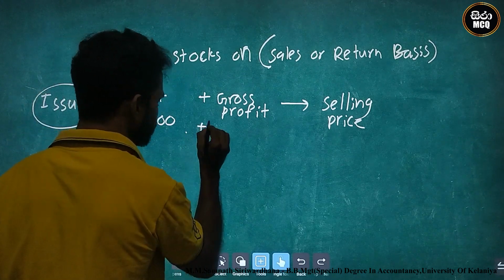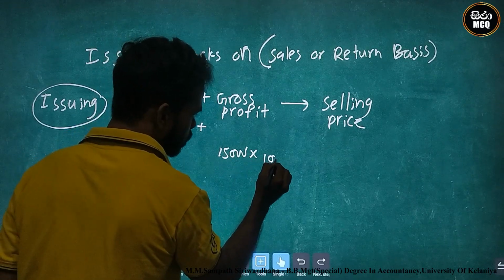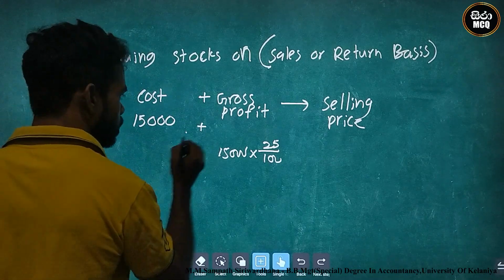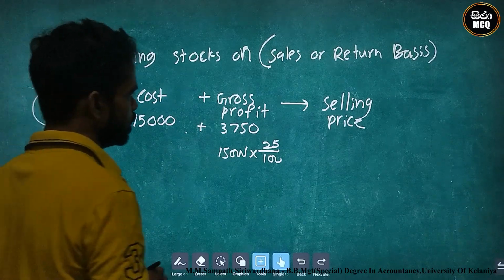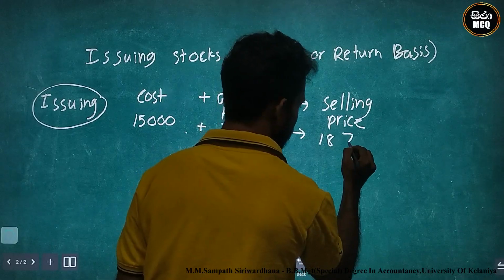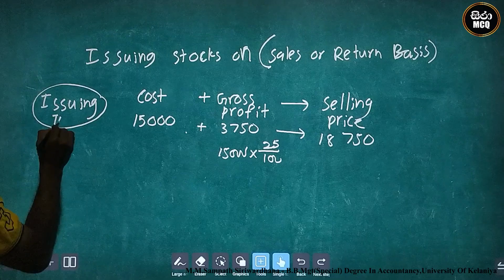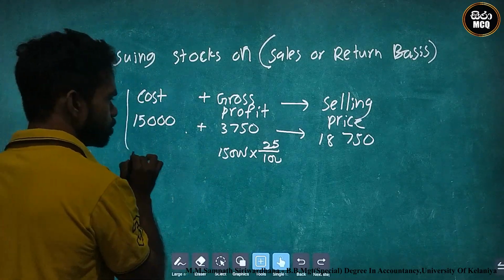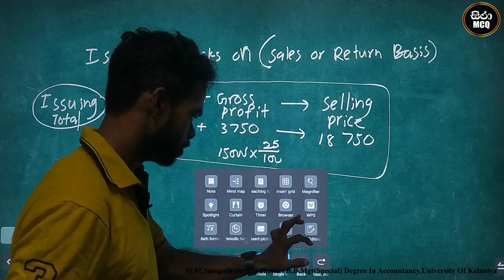We take 15,000 times 25%, which is 3,750 gross profit. We can calculate the selling price: 18,750. This is the selling price, the total issuing. This is the information about the goods issued.